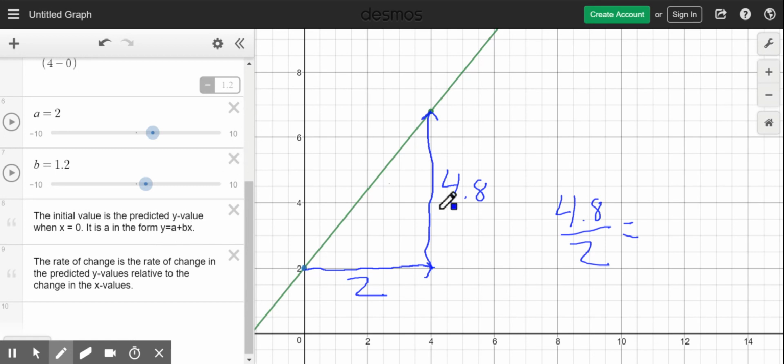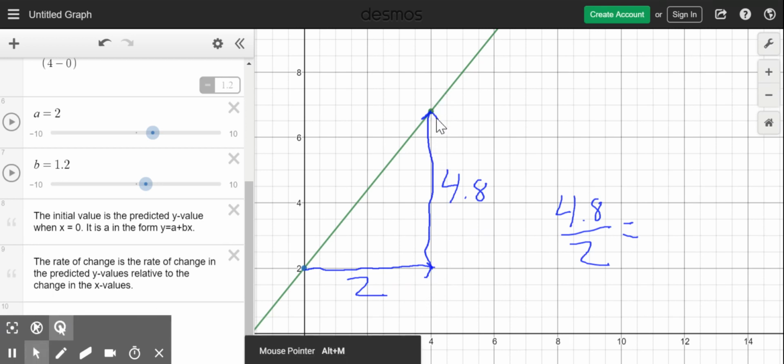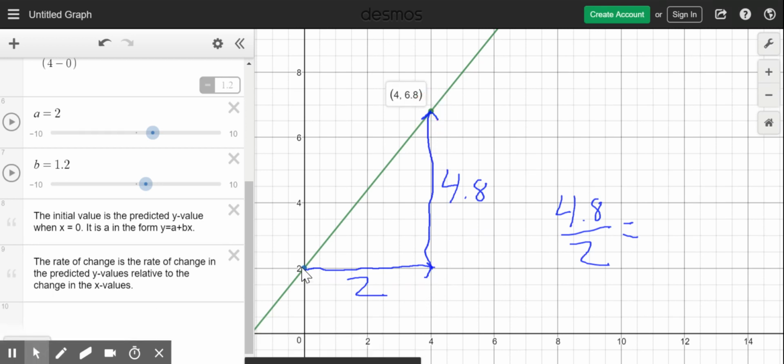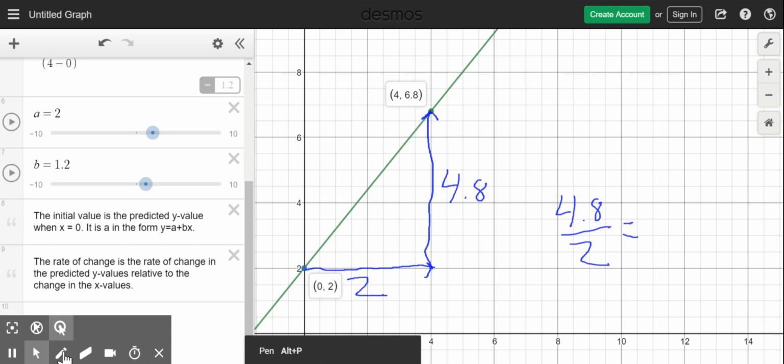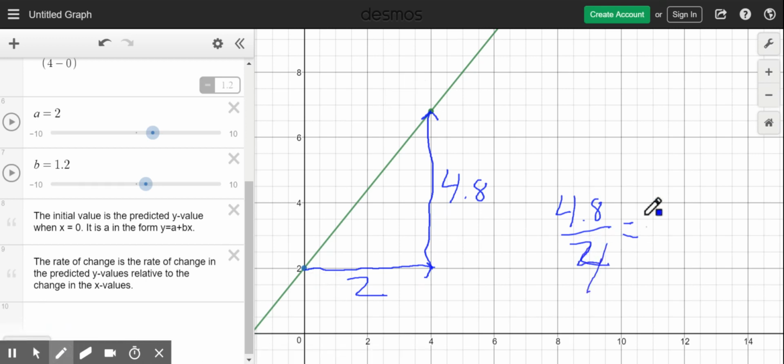Oh, no. Did I calculate this wrong? 6.8 and 2, 4.8. Oh, I'm sorry, divided by 4. There we go. 1.2. Okay, I hope this has helped.